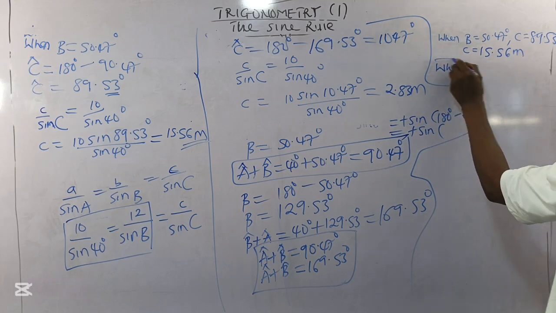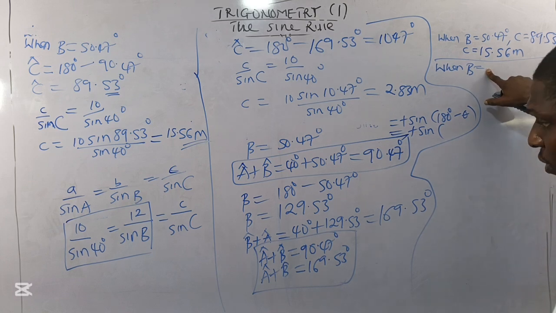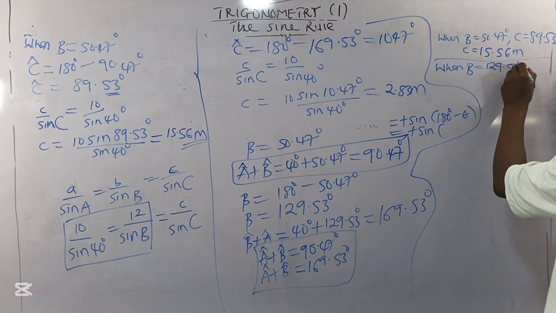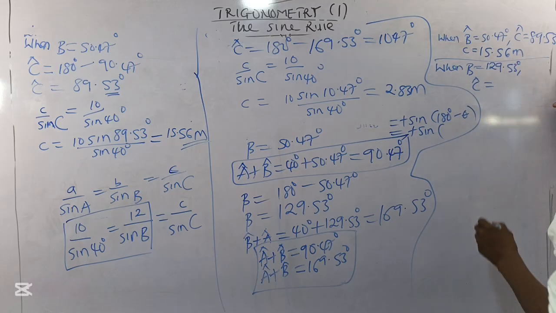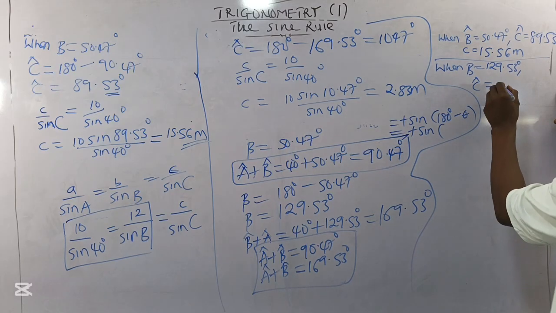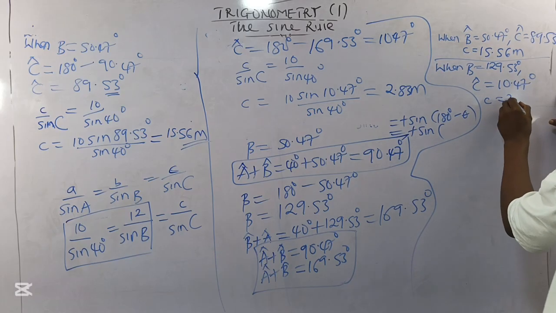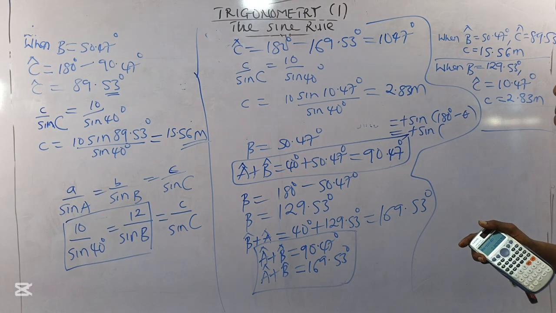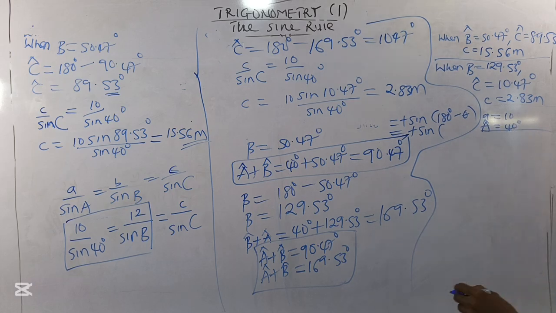And also, when B is equal to 129.53 degrees, angle C is equal to 10.47 degrees, and small letter c, which is side C, is 2.83 meters. So these are the various values we have. Remember that side A equal to 10 and angle A equal to 40 degrees are constant in this case.